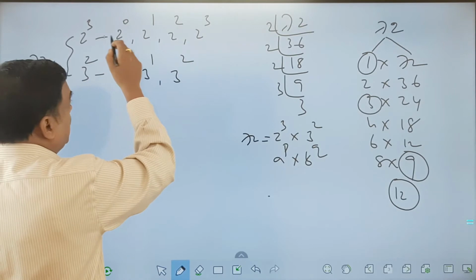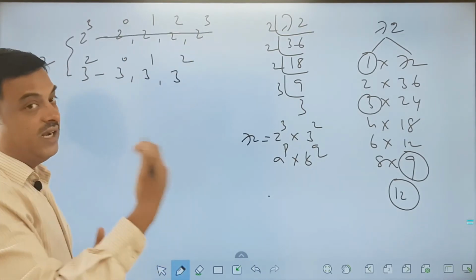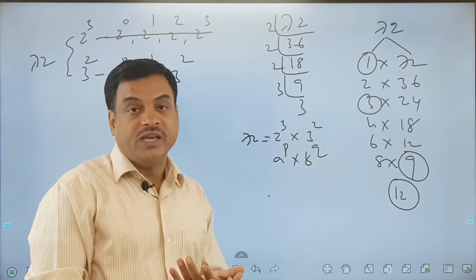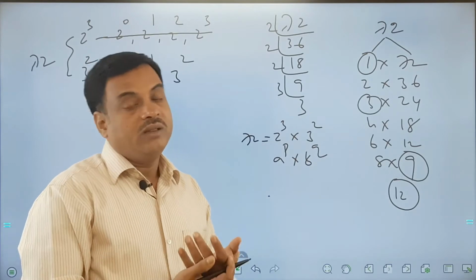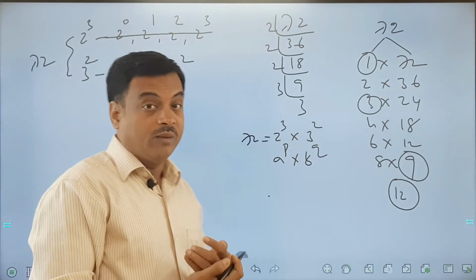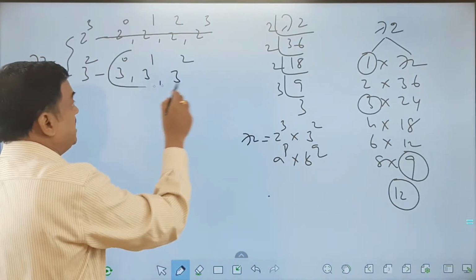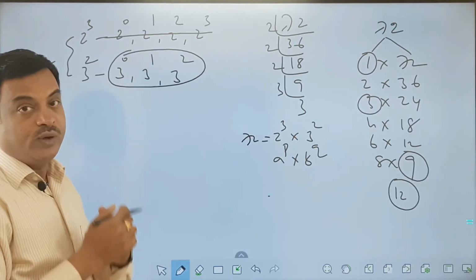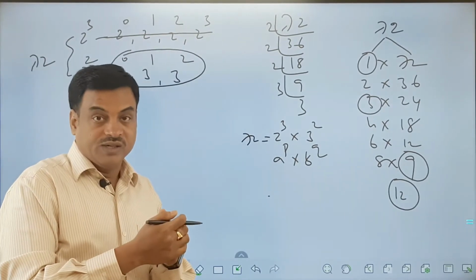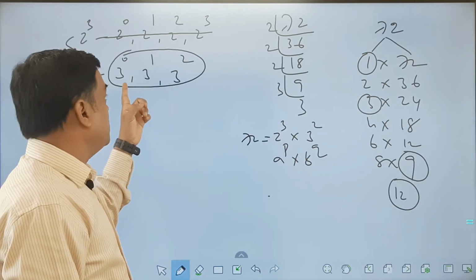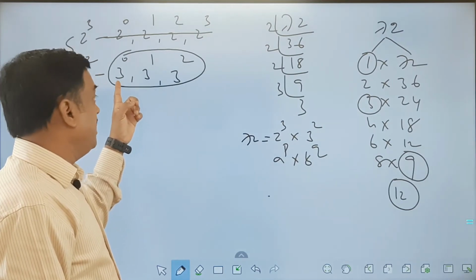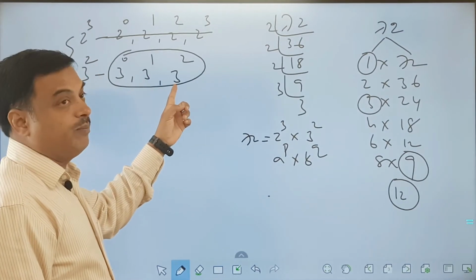Now if you include the powers of 2, then you get even numbers. If you multiply with them or take them, then definitely the factors have to be even numbers. But if you target only the powers of 3, not 2, then 3 power 0 is 1, 3 power 1 is 3, and 3 power 2 is 9.